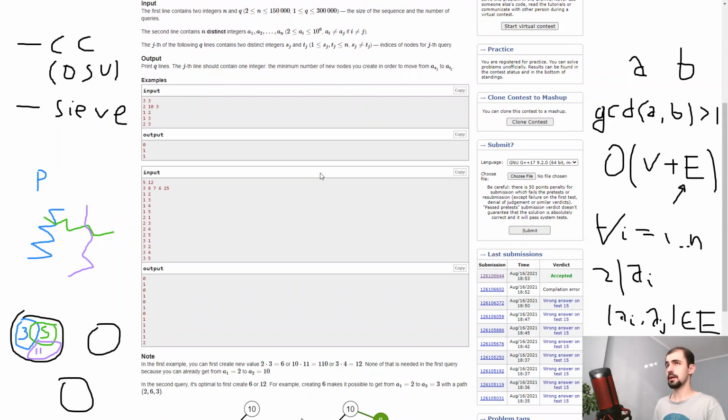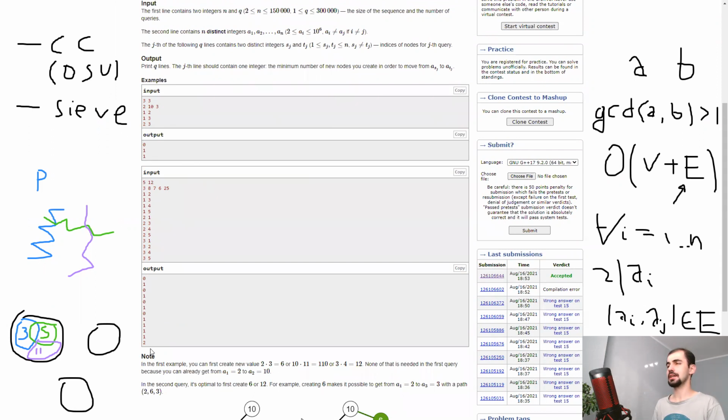Now, after doing all of that, I actually looked at the samples. And one thing that I immediately noticed is that the answers are mostly zeros and ones. For zeros, we already know why, because they are already in the same connected component.